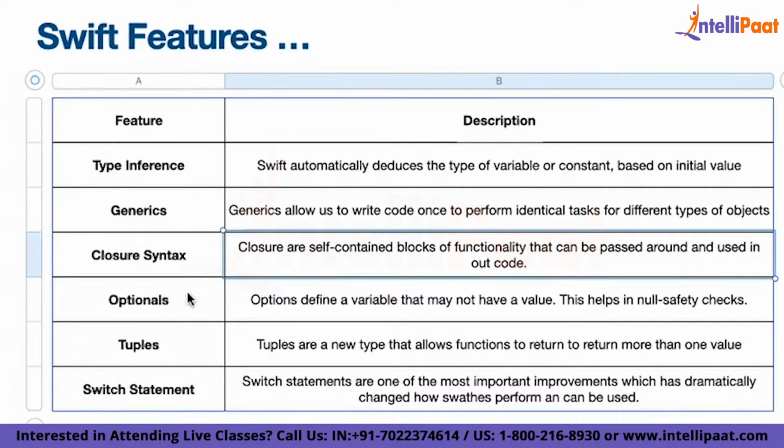Okay, let's go to the next point, optionals. Now this is a great change in Swift. So basically, optionals are variables which may or may not have value.